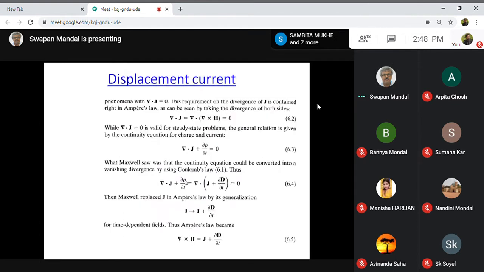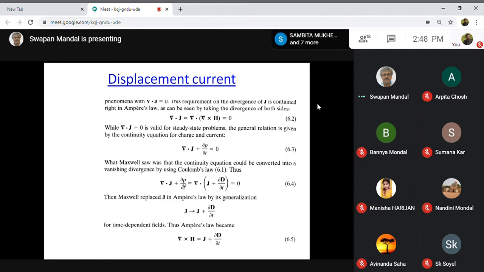What will happen? Divergence means you have a spatial derivative, the spatial derivative of the D vector. After taking the spatial derivative, you have to take the time derivative, because you put rho equal to divergence of D. So you have two operations. One is the temporal operation, that is the derivative with respect to time, and the other is the spatial operation, that is the divergence operation. Spatial operation and temporal operation commute with each other.